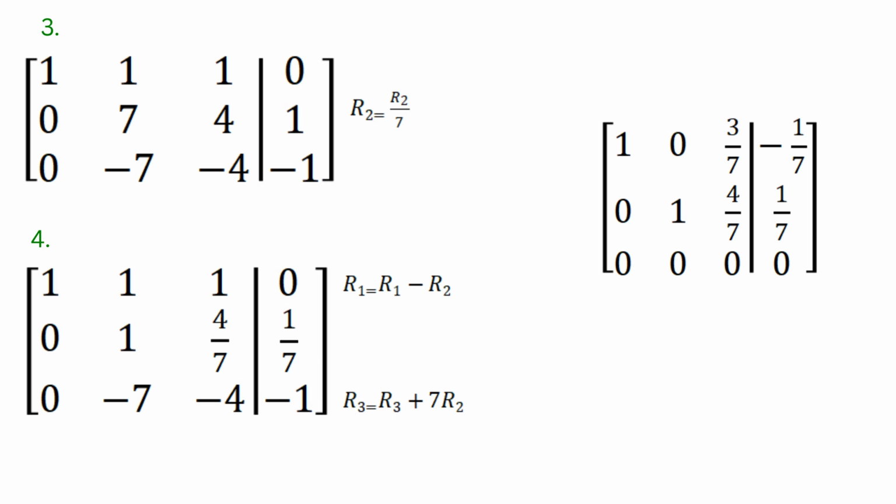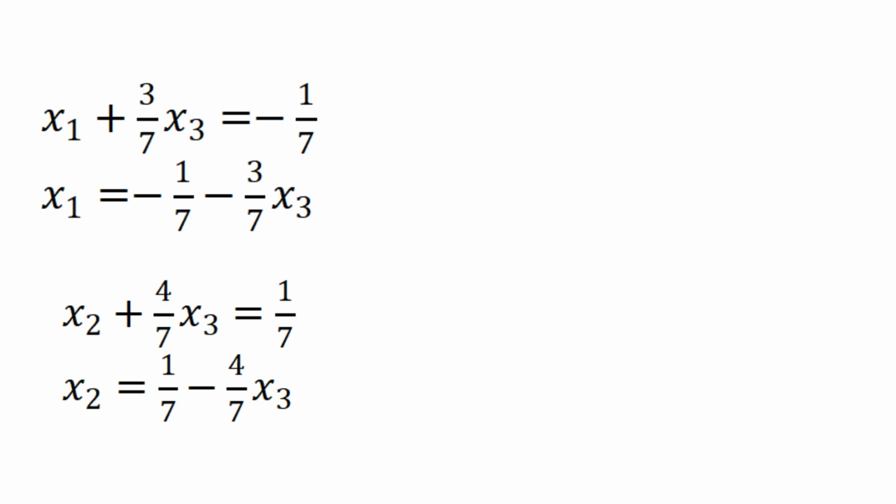As you can see, the system is dependent. In row 3, it is all zeros. So we are going to express solutions in terms of a free variable. From row 1, x sub 1 plus 3 over 7 x sub 3 equals negative 1 over 7, so x sub 1 equals negative 1 over 7 minus 3 over 7 x sub 3.